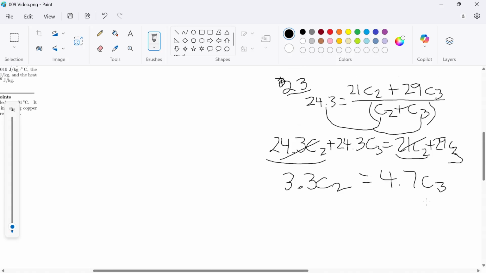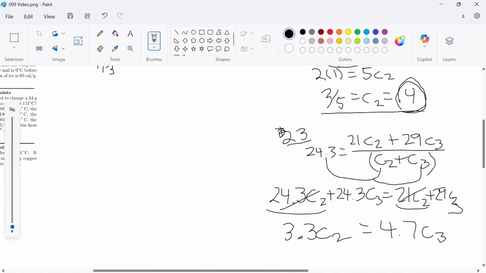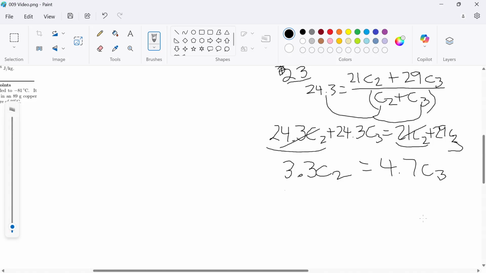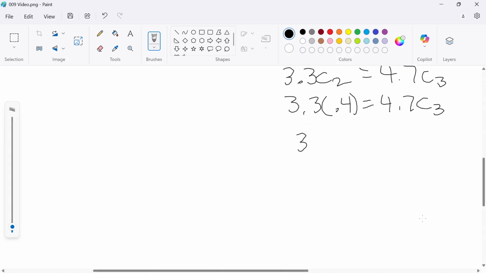So now I have a value for C2, which is 0.4. I can plug that in now. 3.3 times 0.4 equals 4.7 C3. And then I can divide both sides by 4.7. 3.3 times 0.4 divided by 4.7 equals C3.